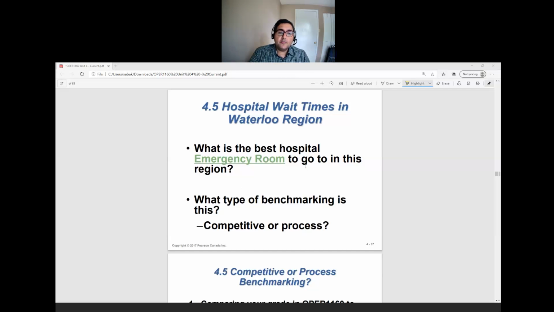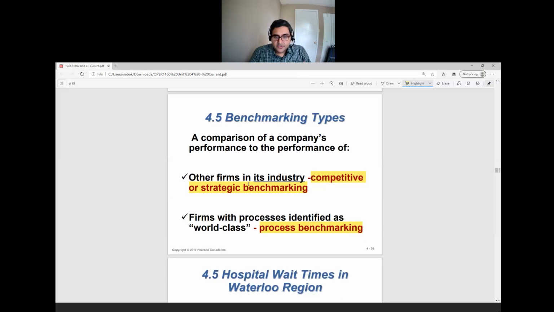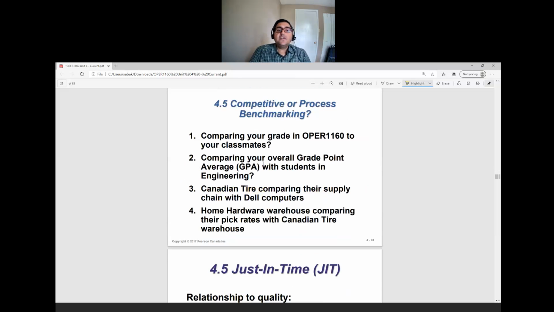Is it Grand River or is it St. Mary's? If you're trying to compare that, that sort of comparison is called a competitive comparison. In the same industry, you are trying to compare how you are performing. So if you read here, other firms in the same industry is the competitive or strategic comparison. Some questions are given here.